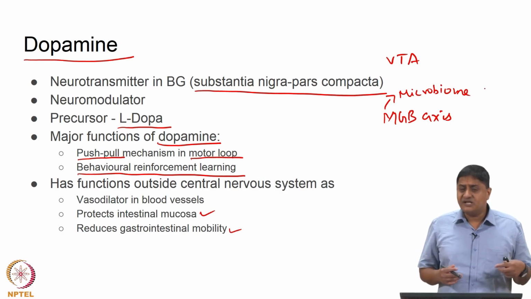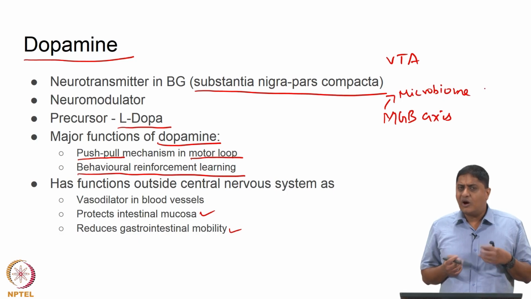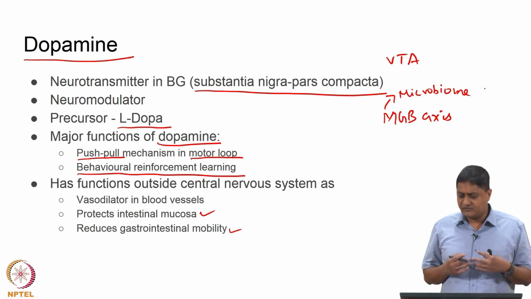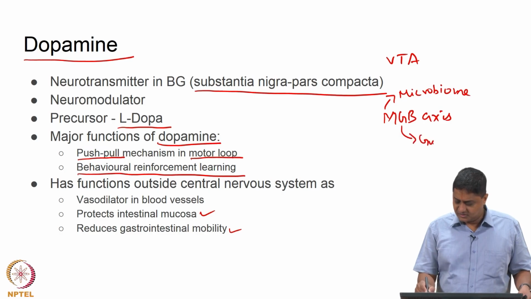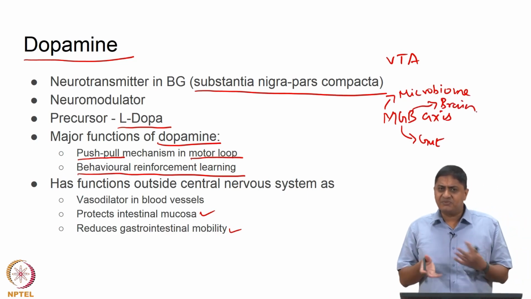Essentially billions of bacteria are found in the gut. So, how they affect our behavior, how they affect our movement, how they affect our general life. That is one. The second one is of course gut, G means gut, and this is of course the brain. So, there is a deep interplay and relationship between these three.